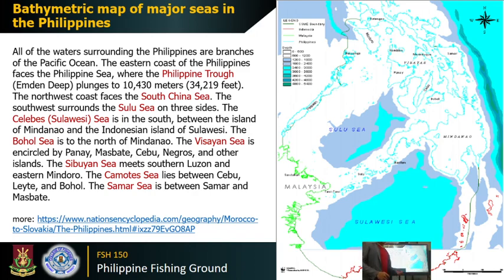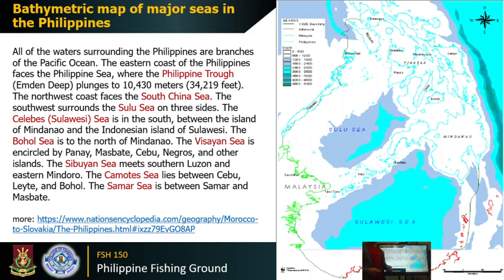So, here we have the bathymetric map of the Philippines. No? You could take a look at this in a closer picture. No? Makikita niyo ito sa handout na pinost ko sa ating Google Classroom. No? Ito yung bathymetric map of all the seas in the Philippines. The seas in the Philippines are highlighted in red, and here are their bathymetric maps. You could take a closer look of this one, no?